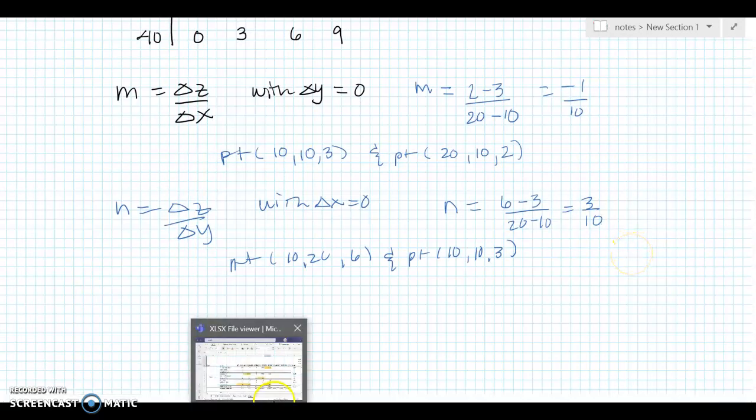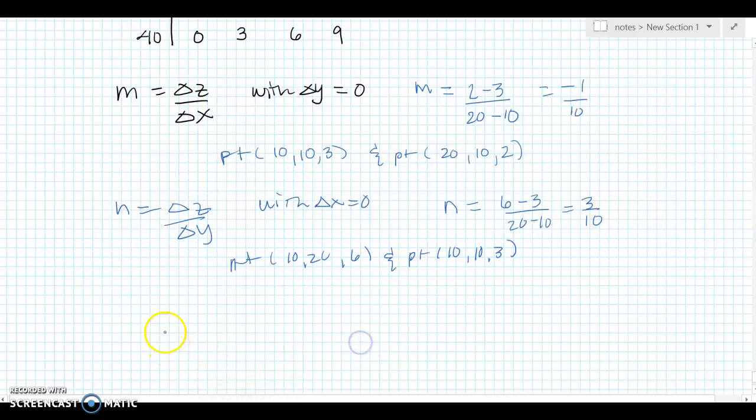And now we need to find c, using the values of m and n we just found.